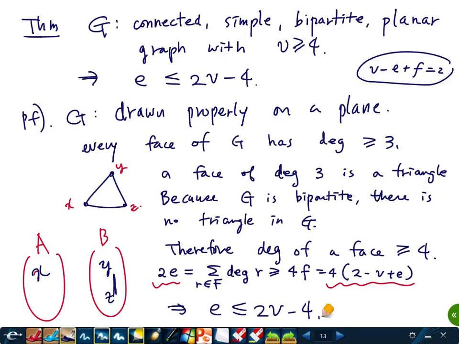Now, using this theorem, we can prove that K3,3 is not planar. Corollary: K3,3 is not planar. Proof. Suppose that K3,3 is planar.